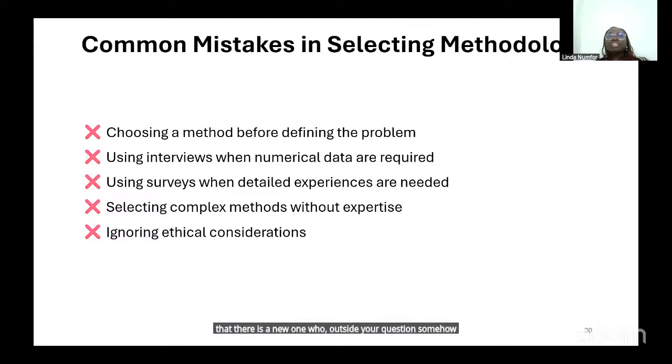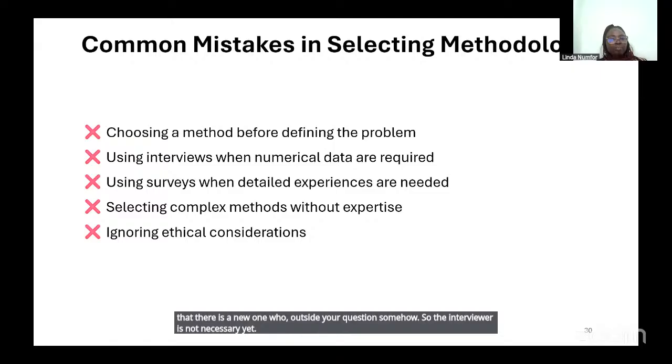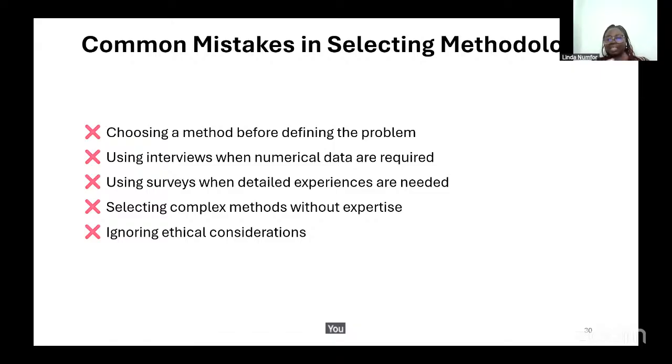So the interview is not necessary here. You are putting a method where it's not supposed to be. Using surveys when detailed experiences are needed. You need to go to the lab. Rather, you are there doing surveys.